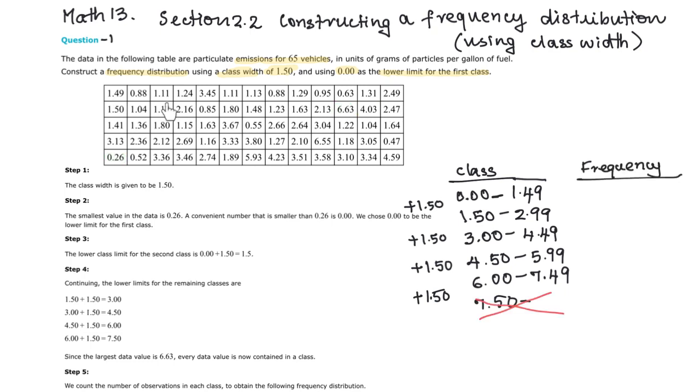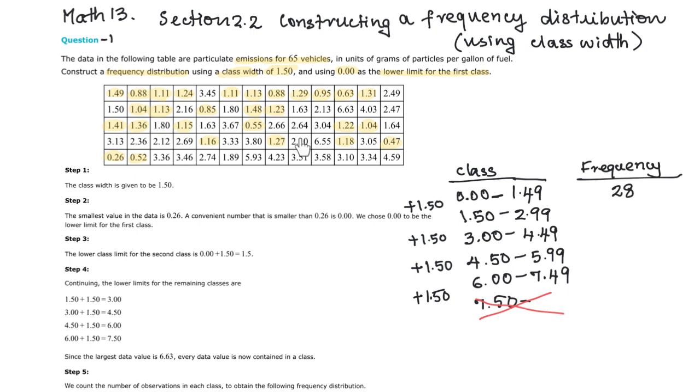Now analyze this data and see how many of these numbers fall under this class. That means how many of these numbers are between these two numbers, including the endpoints. Since there is no overlap in the numbers, you can include the endpoints. So there are 28 numbers in the first class.